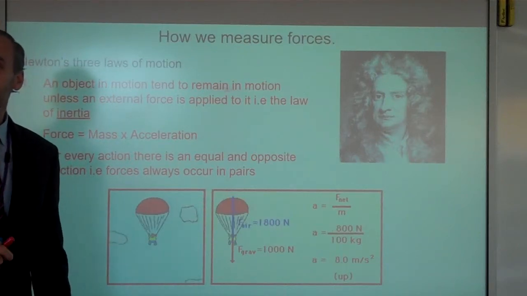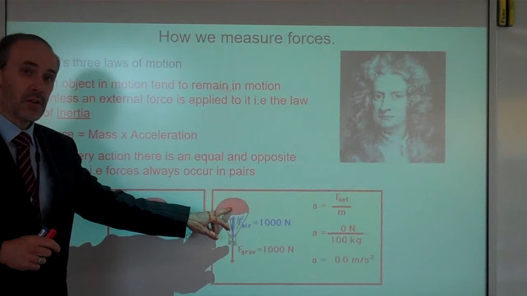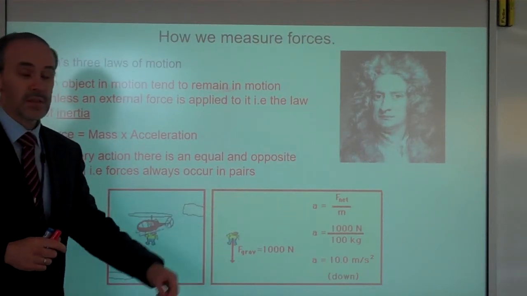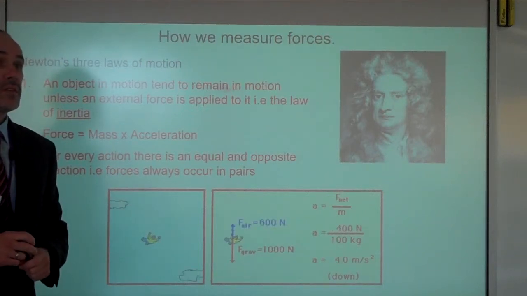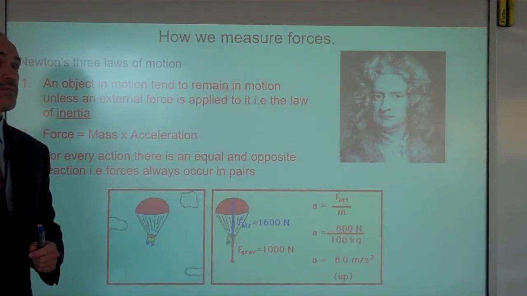Why is that? What would be the effect if the upwards pointing arrow in terms of the force of resistance was greater than the downwards pulling arrow? He wouldn't be slowing, he'd be rising.